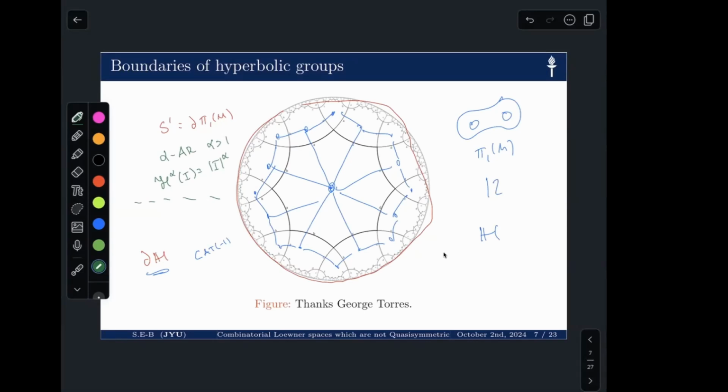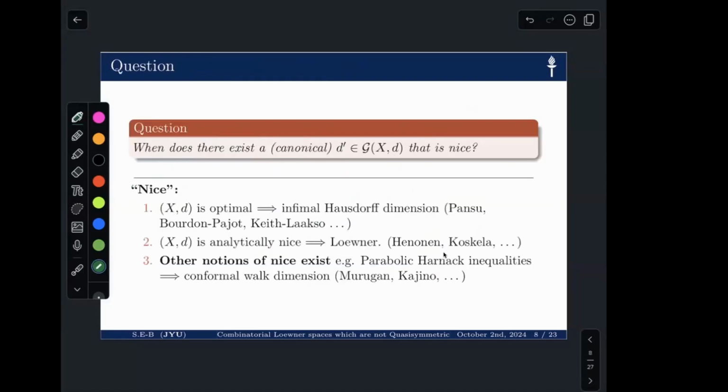By the work of Bonk and Bruce Kleiner, this is equivalent to a question about whether there's a certain nice metric in the conformal gauge of the visual boundary. These are very difficult questions in general, because they're open in many cases.